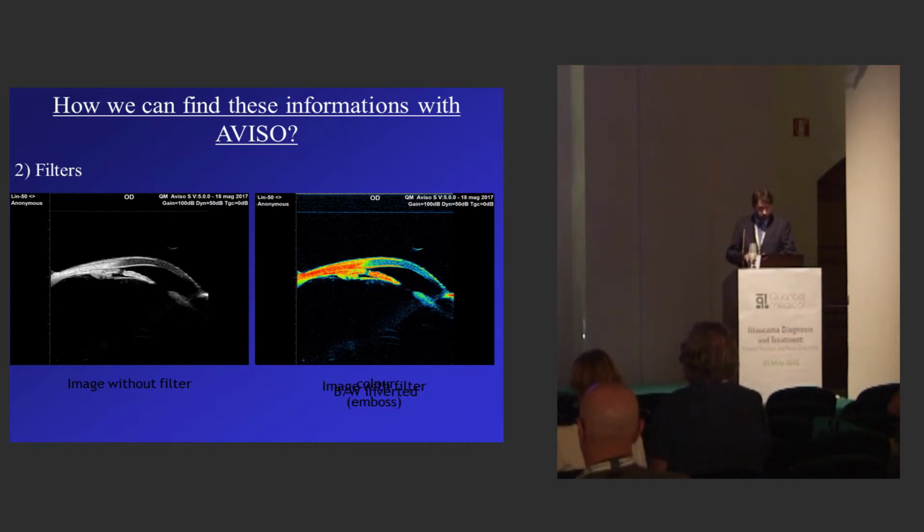You see here the image of an iridotomy without filter, and the image with the color, or in black and white inverted. For me, here it's a good image. Or with this other kind of filter called emboss.